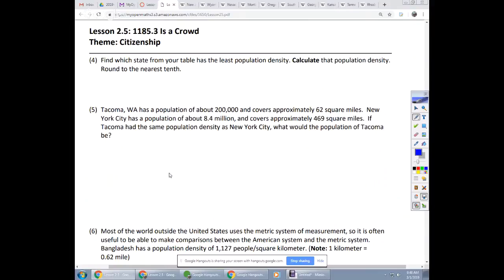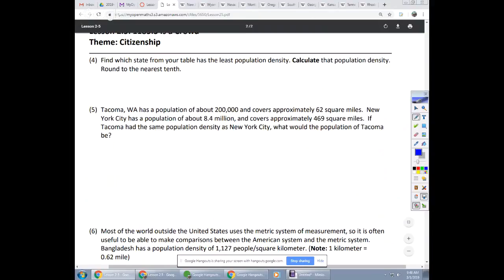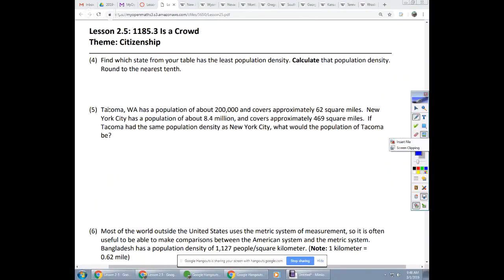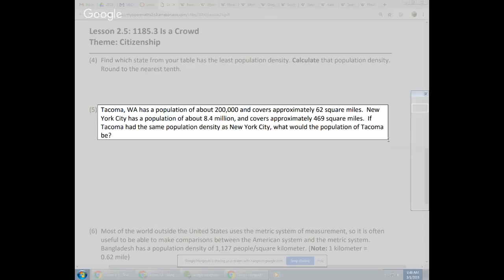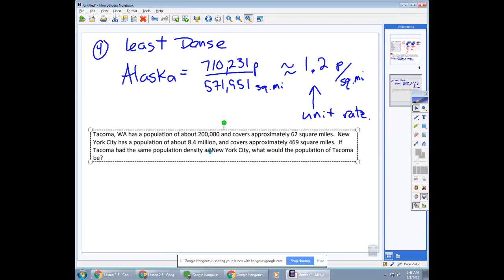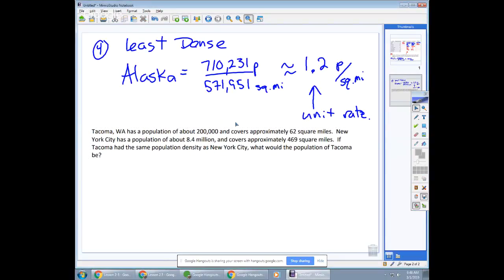Okay, so let's see. We're going to do a comparison. So we talked about ratios before. Whenever I do a ratio, the first thing I do, actually, I'm going to copy this into my sheet because I can't write here, is make a proportion. A proportion is just two equal fractions. What we want to do is make Tacoma as dense as New York City.